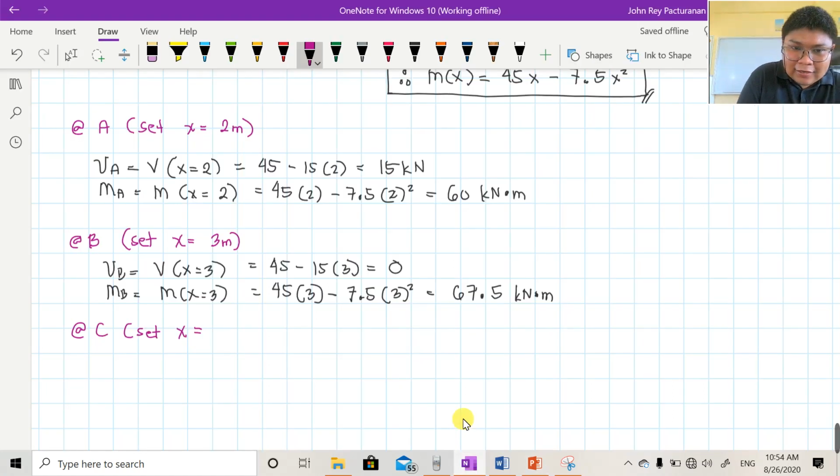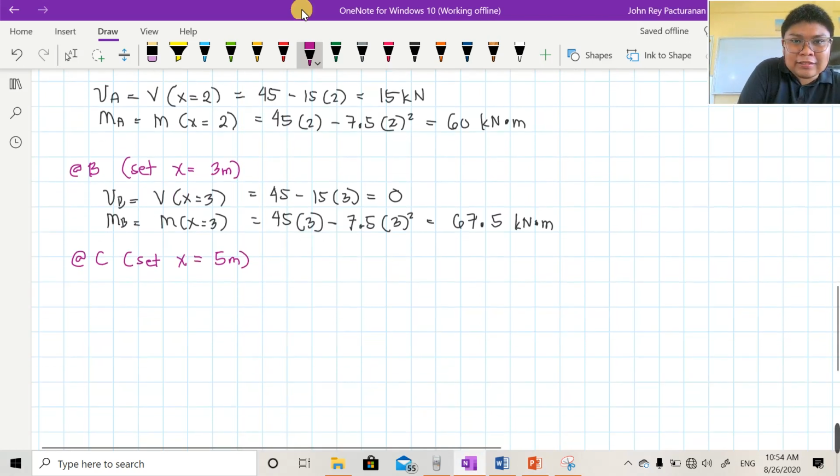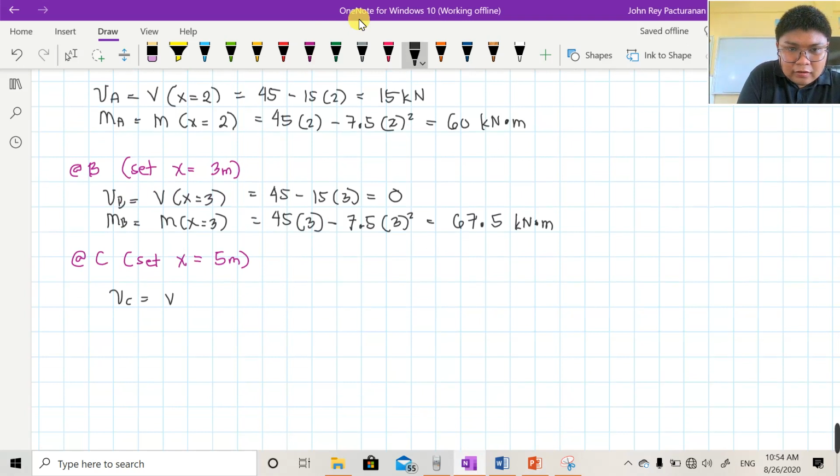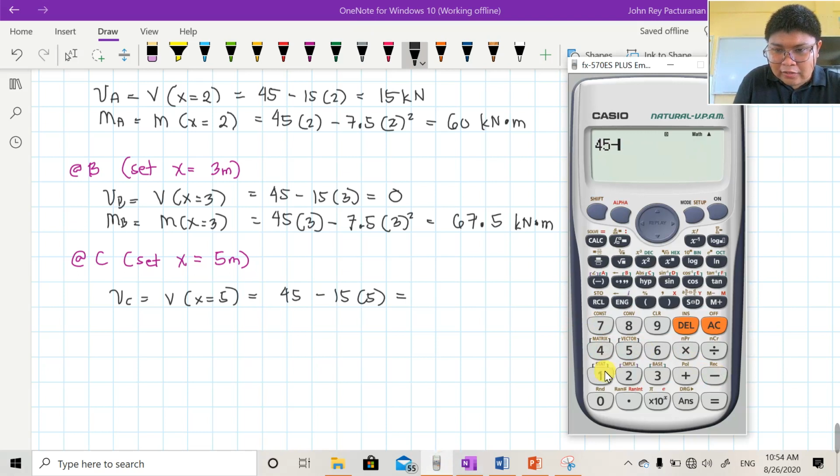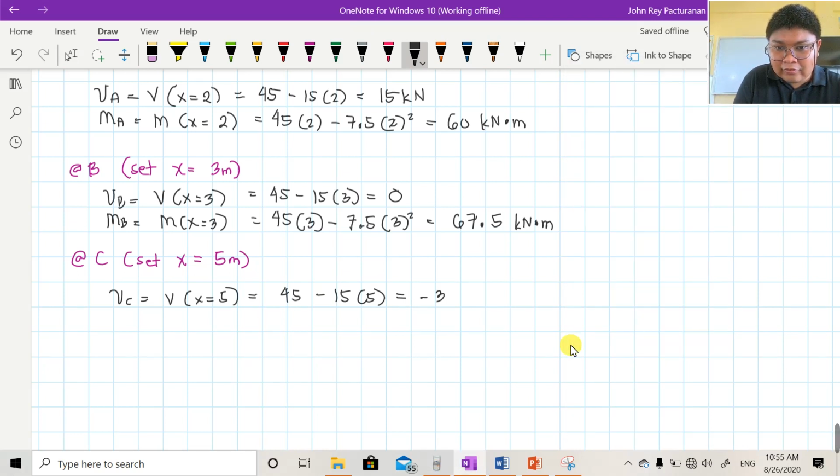So, we set x equals 5 meters. All you need to do is substitute 5 in the shear at C, which is the shear at x equals 5. That is equal to 45 minus 15 times 5. And the answer is negative 30 kilonewtons.